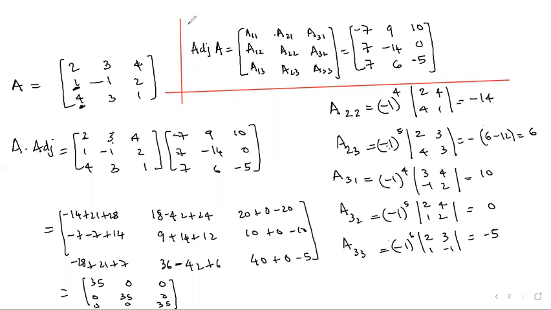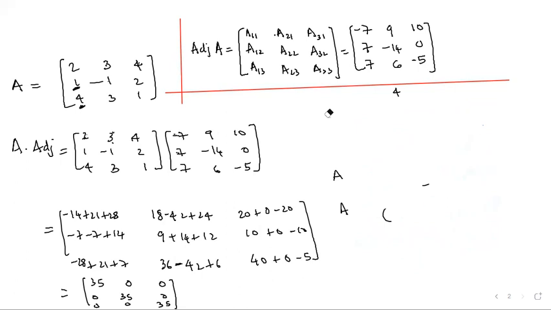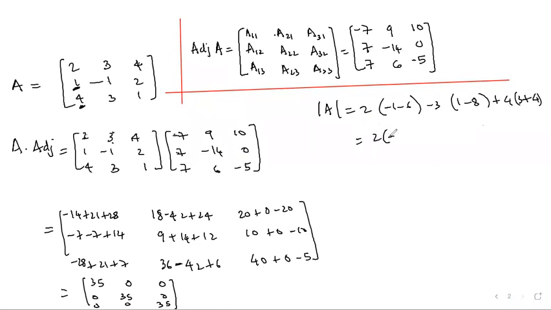And there is again one more surprise in it. What does this 35 stand for? Let's have a look. This number 35 also has a speciality. If you calculate the determinant of A, 2 into minus 1 minus 6, minus 3 into 1 minus 8, plus 4 into 3 plus 4. So 2 into minus 7, minus 3 into minus 7, plus 4 into 7.